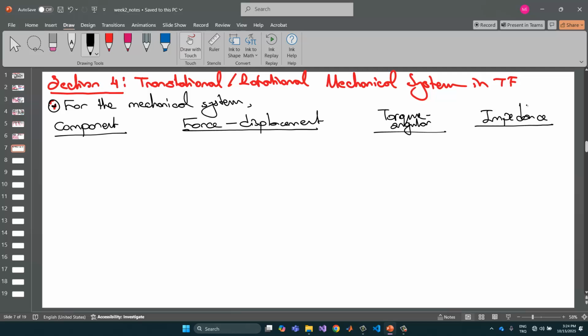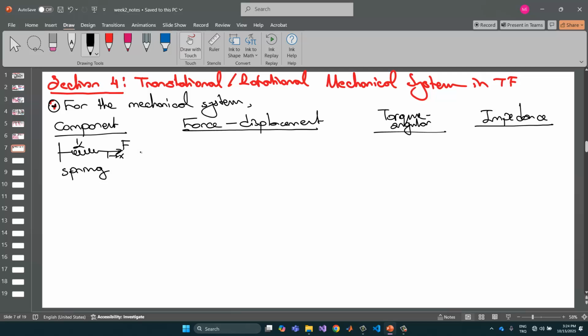First of all, we have the force F and X given here, and K. What is this? This is a spring, right?